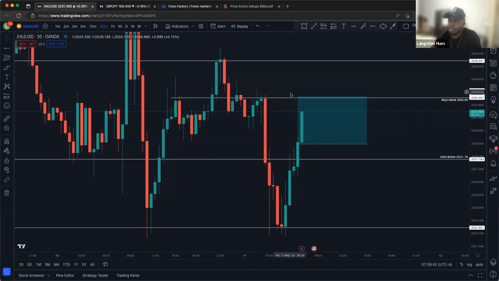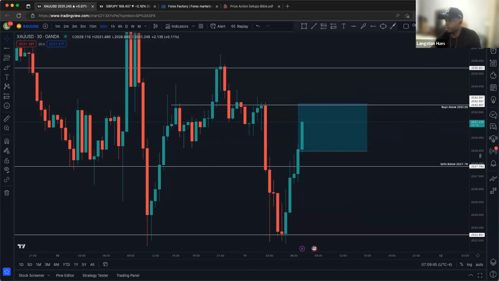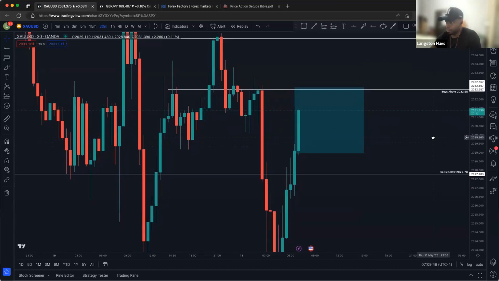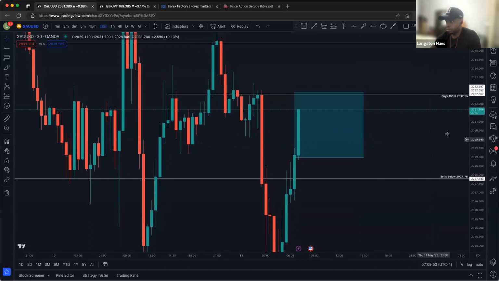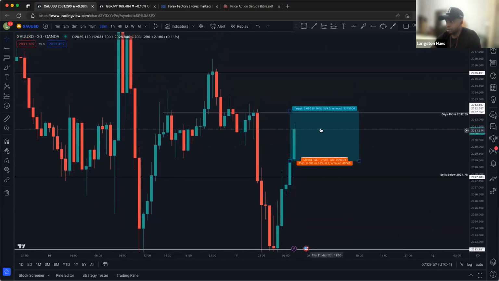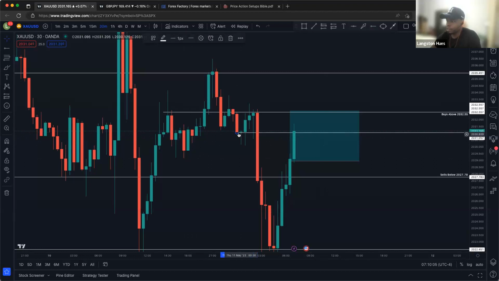Wow, look at gold. You guys see that? I would close full here because of this level. There's this minor key level right here that I mentioned earlier.